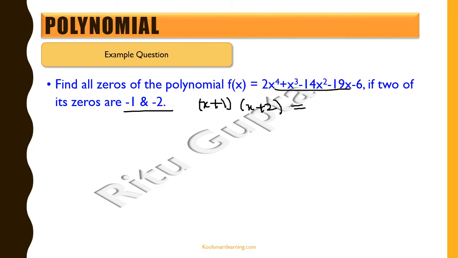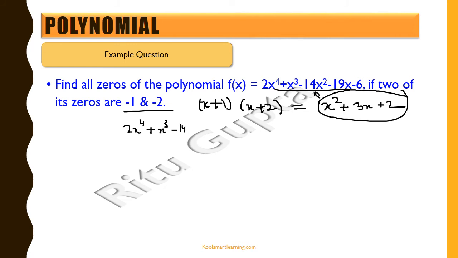So let's find the product of these two, which becomes x square plus 3x plus 2. Now we'll divide the given polynomial by this new polynomial. So we can say 2x4 plus x cube minus 14x square minus 19x minus 6, and we'll divide this by this polynomial.